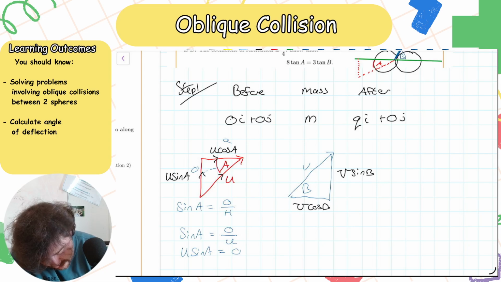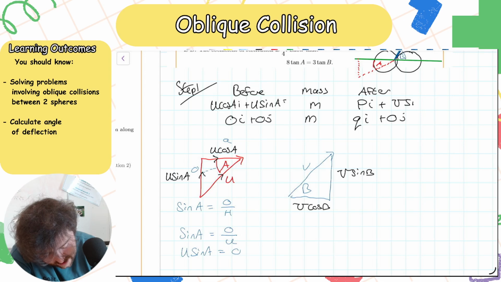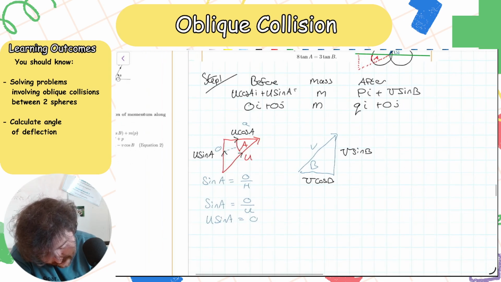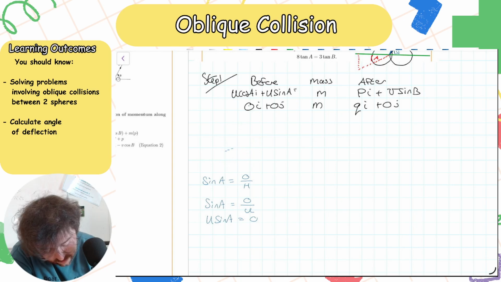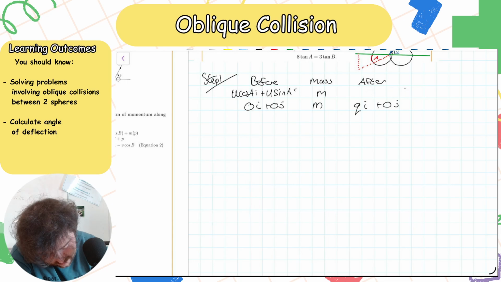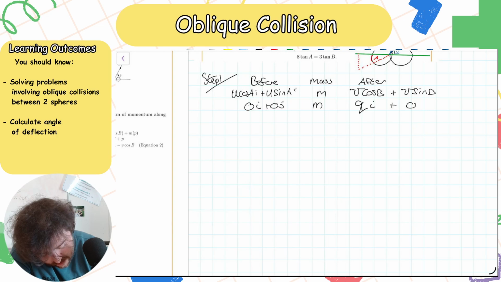So I have u cosine A i plus u sine A j, m, and afterwards I'm going to call it p i plus v sine B. Actually, I don't need to call it p because I know it's going to be v cosine B, so it's v cosine B plus v sine B. This one I'm going to call q because I have nothing on it, and it's 0j.